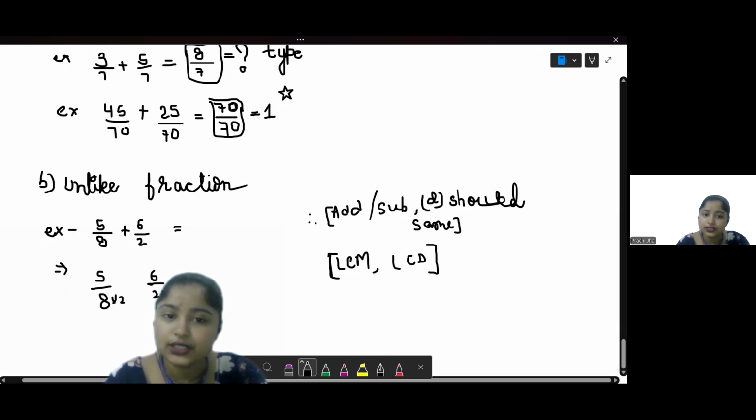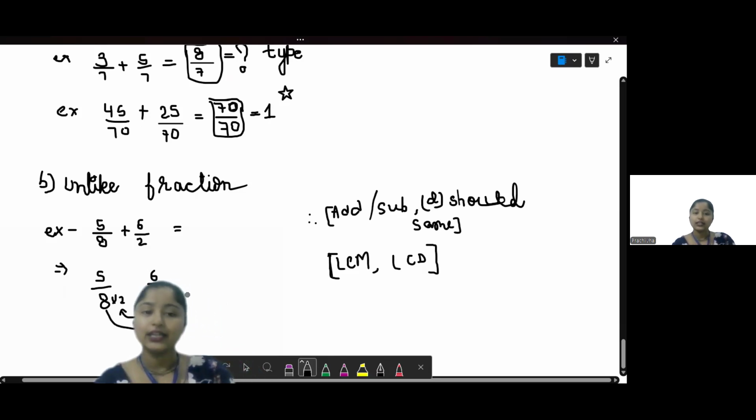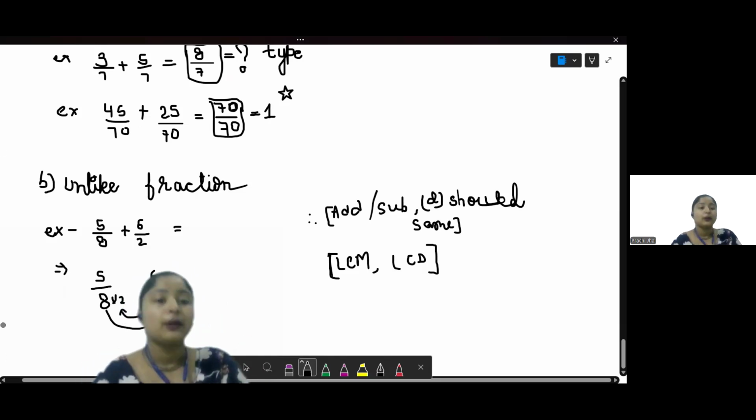I'm just reversing the numbers and multiplying. Here it was 8, so I multiplied it with 2. And over here it was 2, so I multiplied it with 8. Now you know that the answer is going to be the same, 8 times 2 or 2 times 8, both are 16.